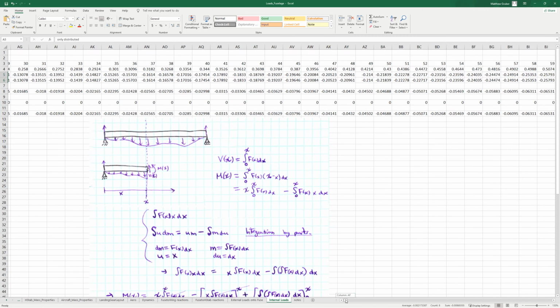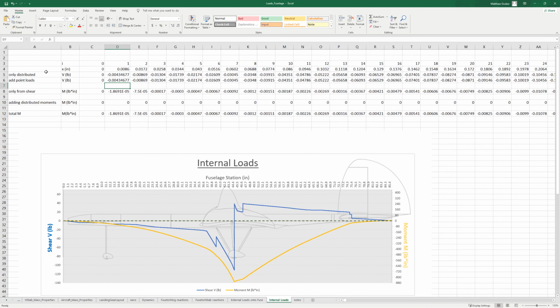So if we take a look back here, we're going to get the shear from the distributed loads, which is this here, and we have to add the point loads. The point loads from to the left of the x that we're at, and then the moment from just the shear itself, which is just an integral.